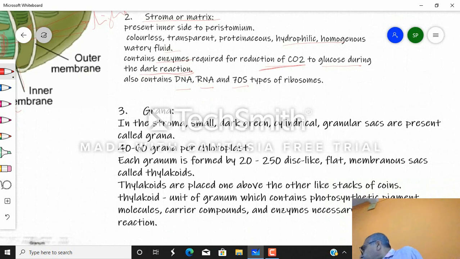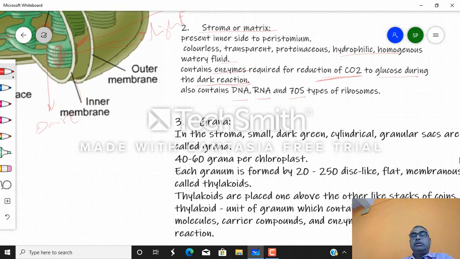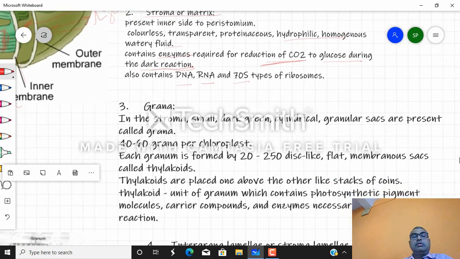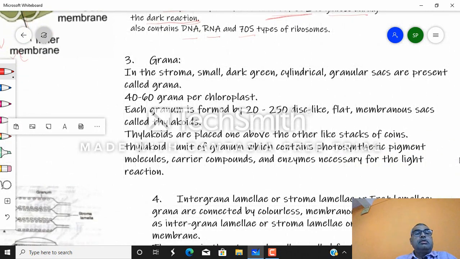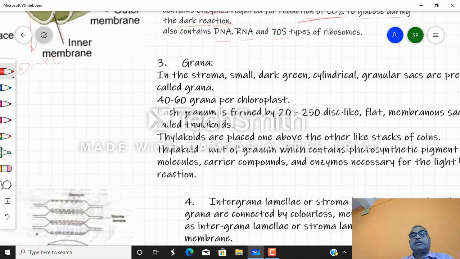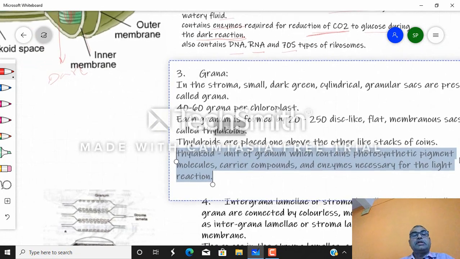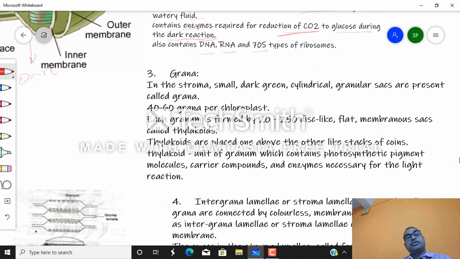The third one is the region of the granum. In the stroma region, small dark green cylindrical granular sacs are present, which are called grana.